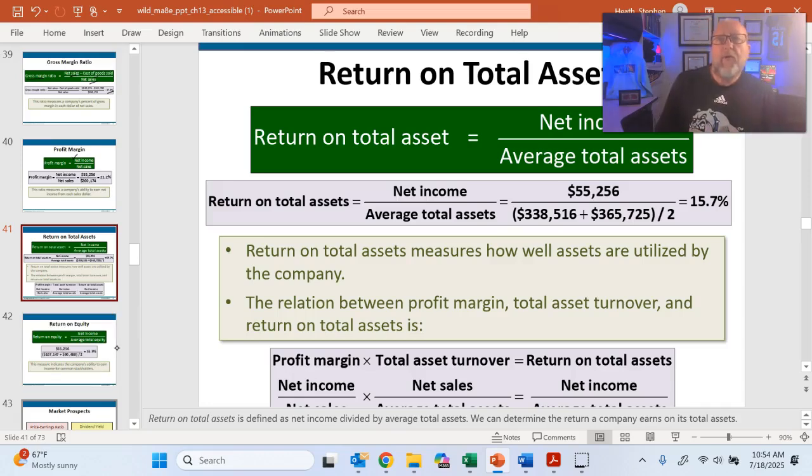Okay, so return on total assets, that's just the net income divided by average total assets. And again, the average total assets is beginning plus ending divided by 2. And I'm thinking the higher the return on assets, the better.